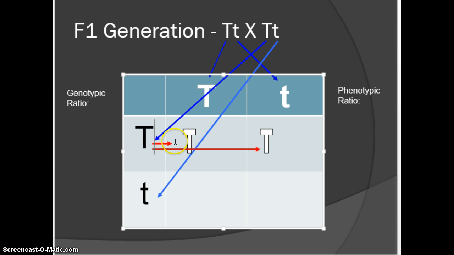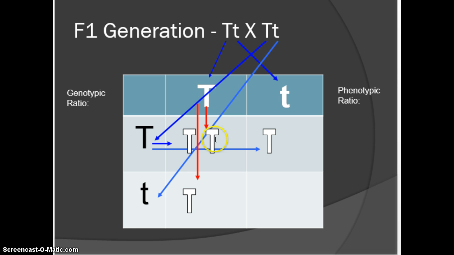So we put the T here. It's going to go here, and we're also going to then take this T and move it down. And generally we try and put the dominant first. You might have to make some changes after you put these in, but the whole basis of these is you're filling in, you're taking one from each.